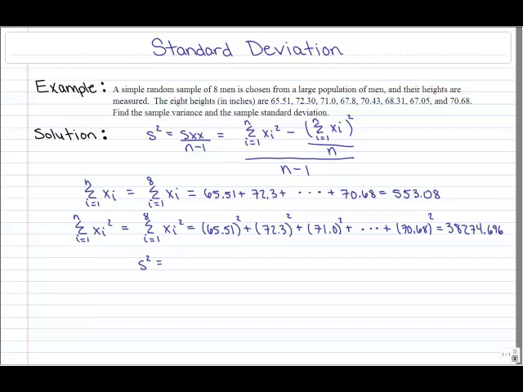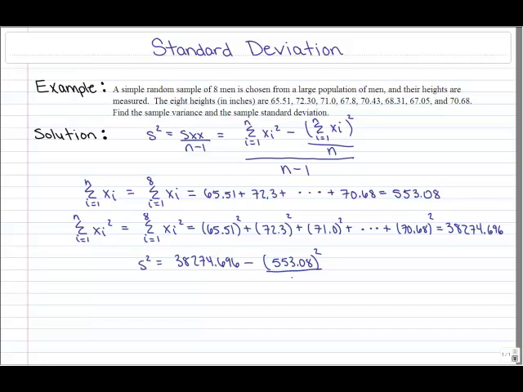Now we can easily substitute these two values into the variance formula above to obtain our sample variance. Again, the sum from i equals 1 to n of your squared values is 38,274.696, minus the sum of each individual value, which is 553.08, squared to follow through with the formula.